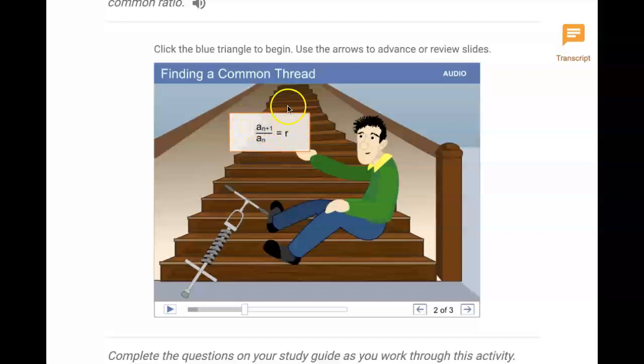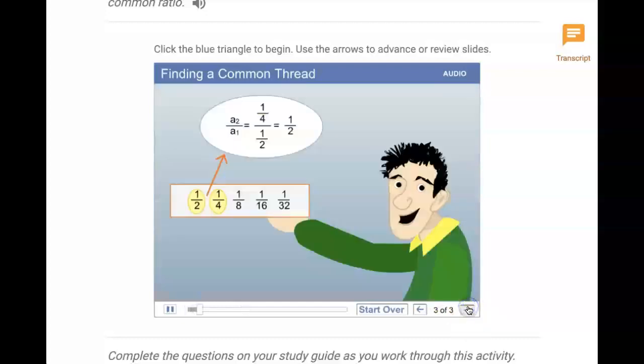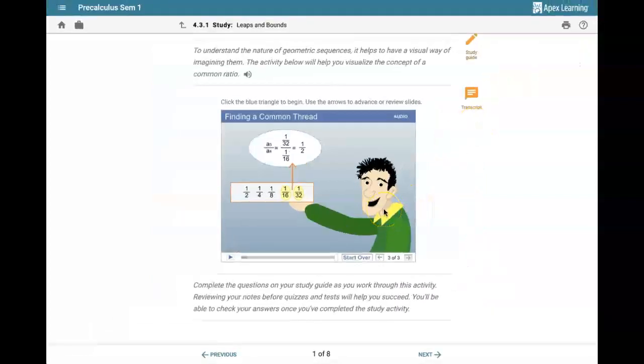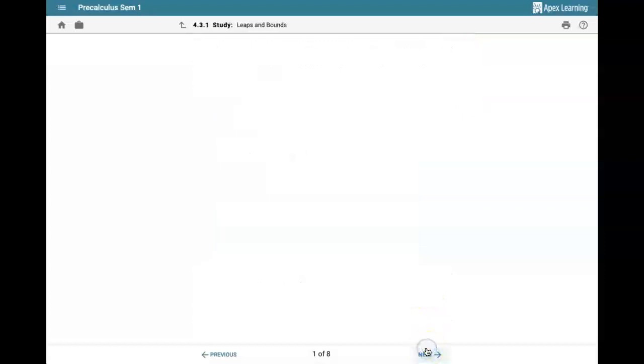When we divide those, you get this constant ratio, which is what R stands for. R stands for ratio. In this sequence, the common ratio R is 1/2. So that's what we're looking for with geometric sequences: a repeating pattern that deals with a ratio between the number in front of it and the number behind it.